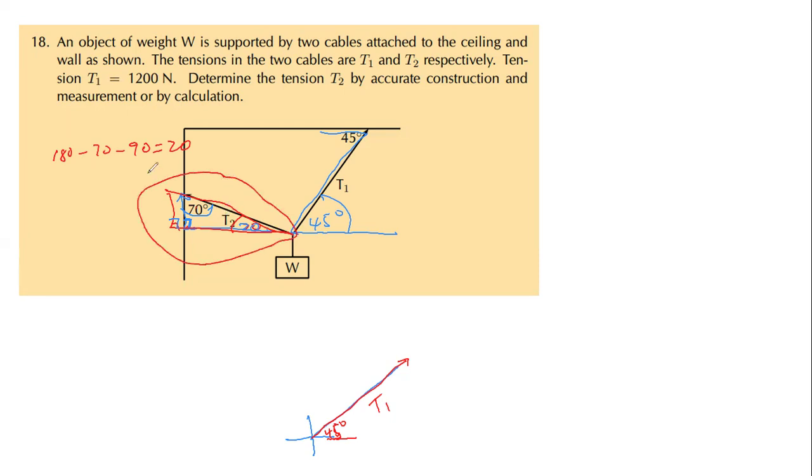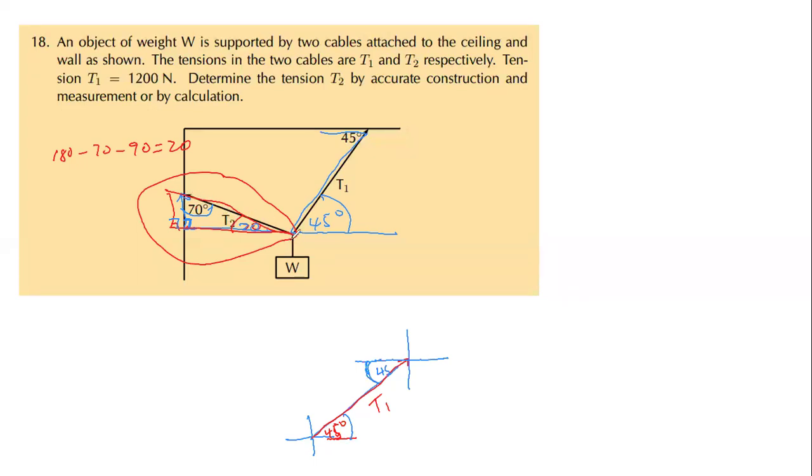But for me to be able to put T2, I'm going to do a small Cartesian plane again. Remember, if this is 45, the same thing here is 45 as well. Then I'm going to draw in this 70.